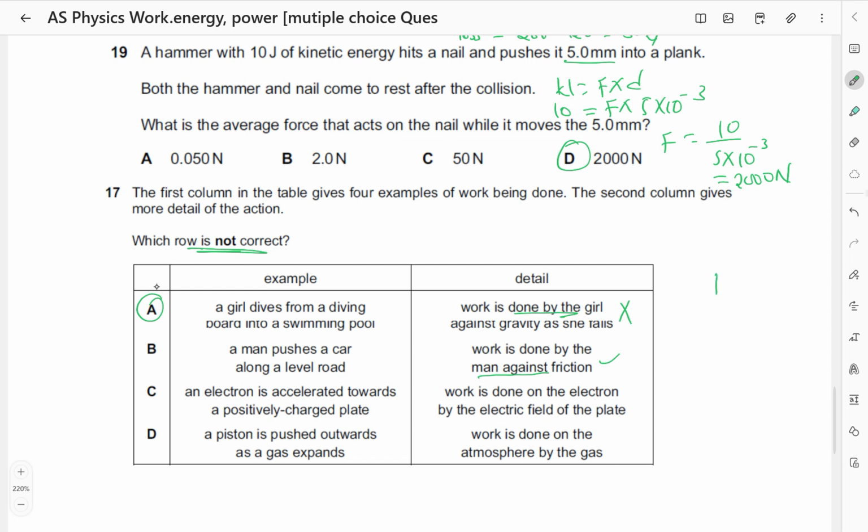A negatively charged particle naturally moves in that direction, so the field is the one doing the work on the electron. A piston is pushed outwards as gas expands. Because the piston is pushed outwards as the gas expands, work is done by the gas. This is correct. So what is not correct is A.